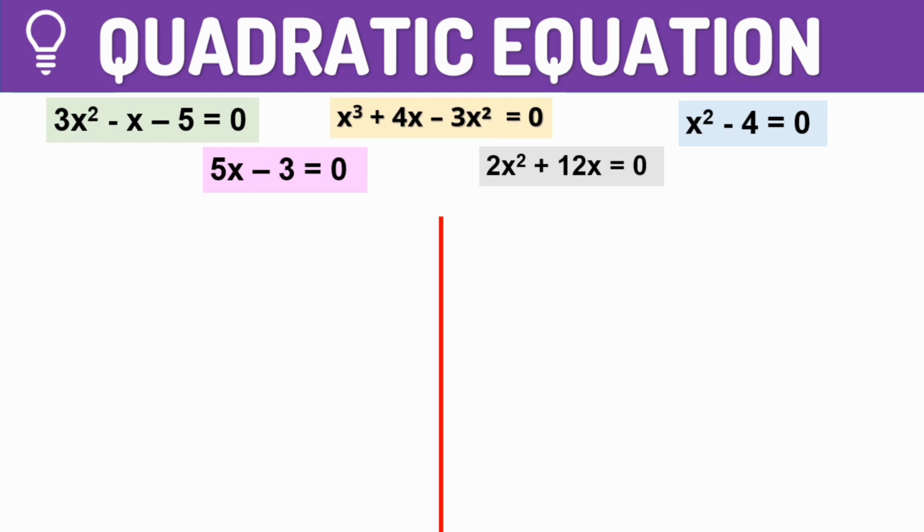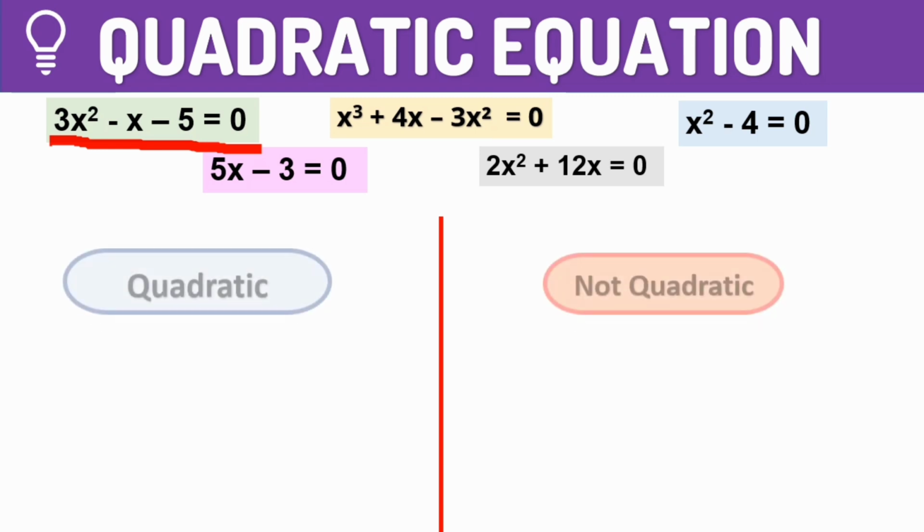Let's begin with the first equation, and that is 3x squared minus x minus 5 is equal to 0. What do you think is the highest exponent here? The highest exponent of this equation is 2. Therefore, this is a quadratic equation.